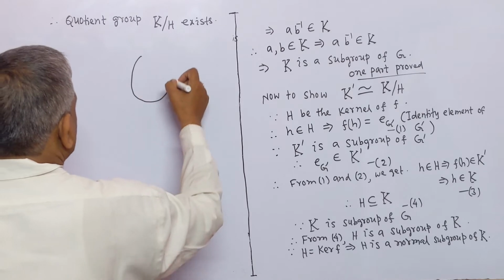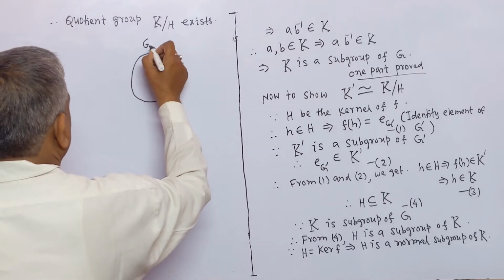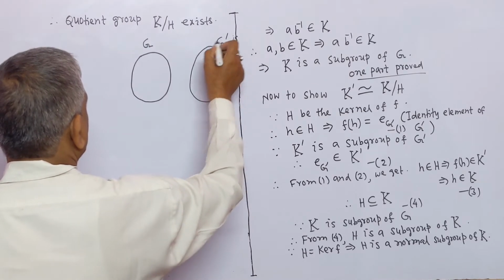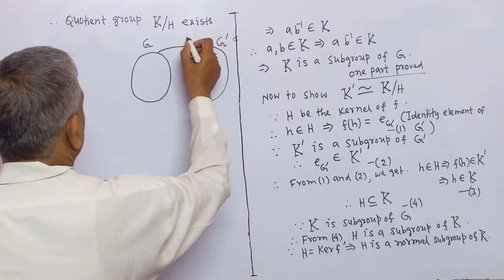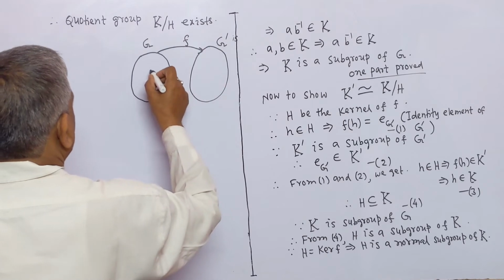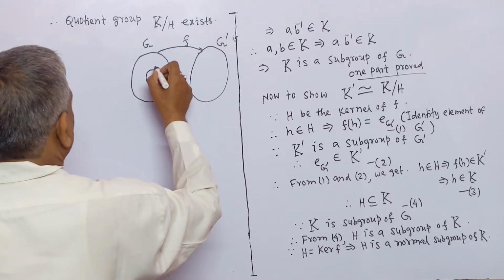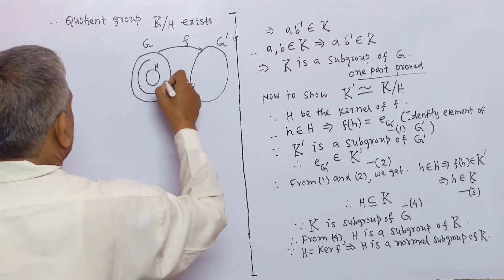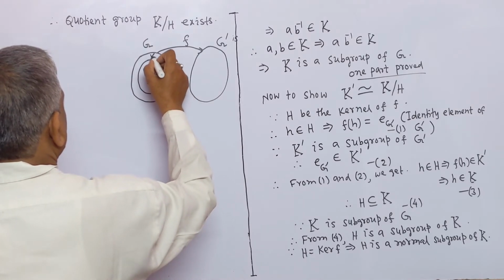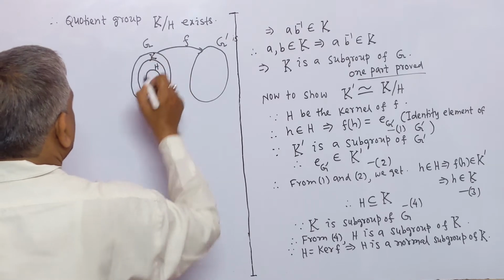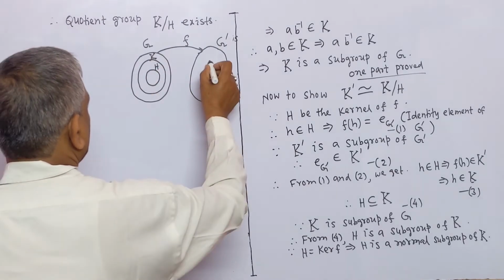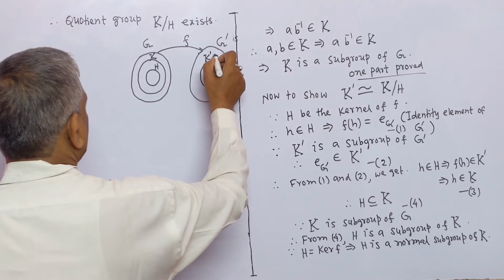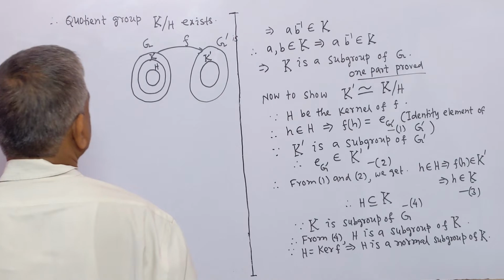Let this be group G and this be group G prime. F is the homomorphism, H is the kernel of F, and K is a subgroup of G containing H. Here K prime is a subgroup of G prime.